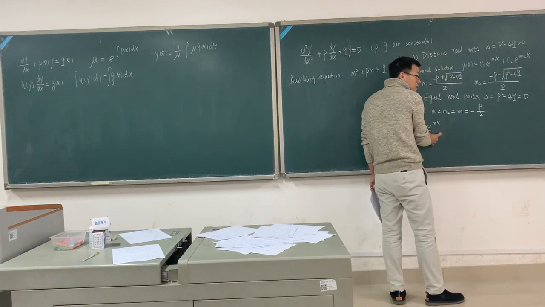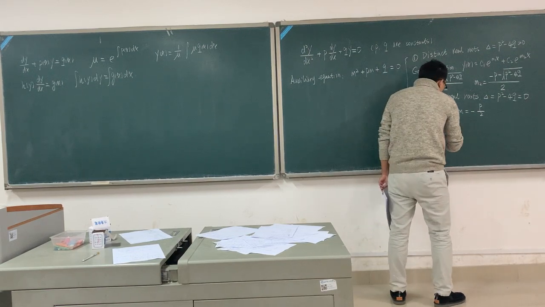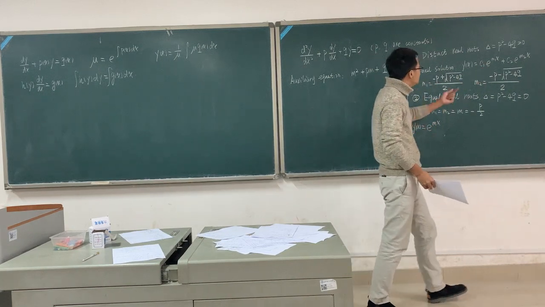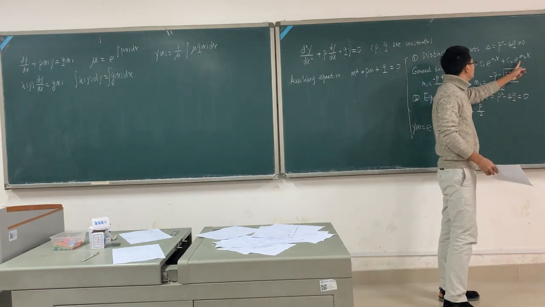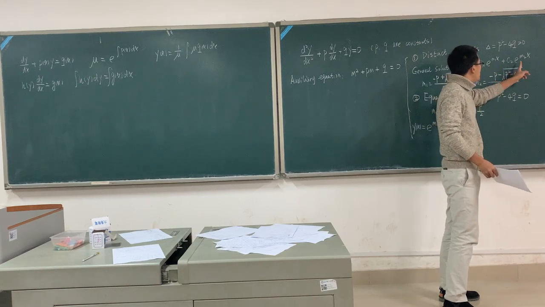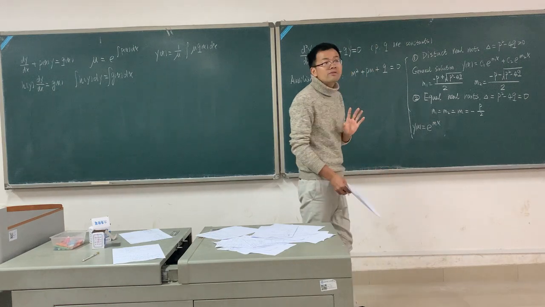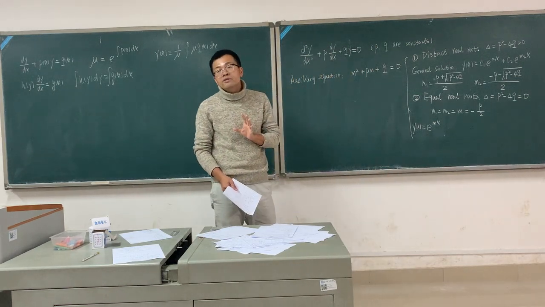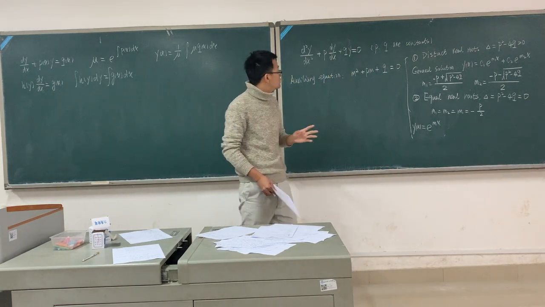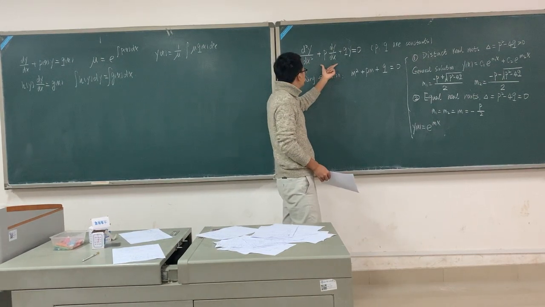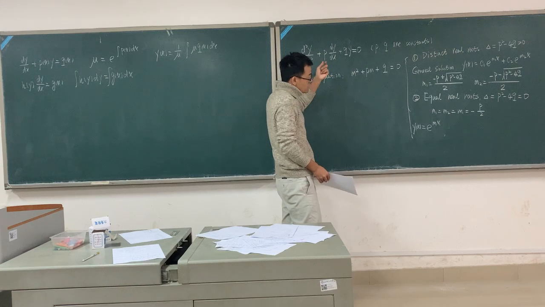Now, because m1 equal to m2, e^(m1 x) and e^(m2 x) are the same. So now we need to find another solution of this second order equation.